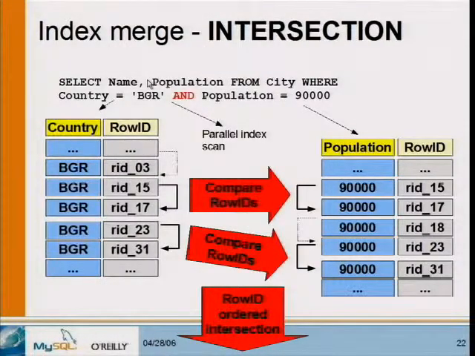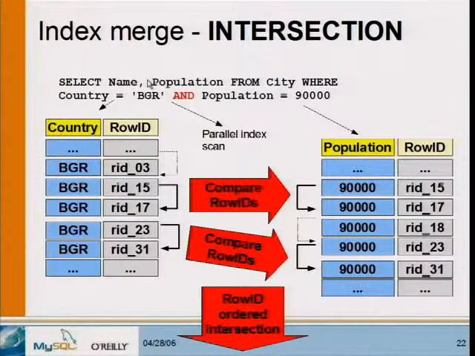We perform a similar algorithm for conjunction. Basically, we just do the opposite. We collect row IDs from both indexes until they are the same. Then we skip all the others. Then we collect the other row IDs until they are the same.